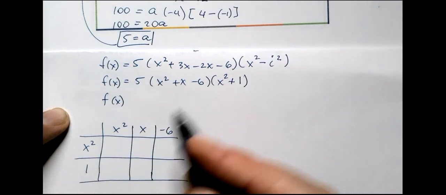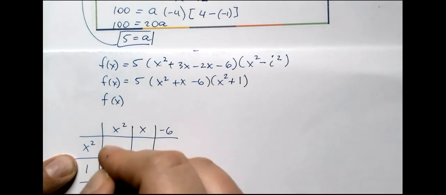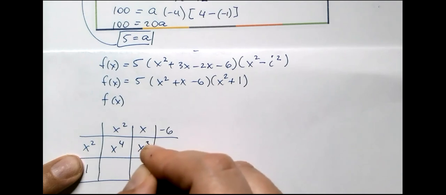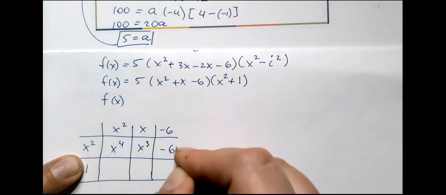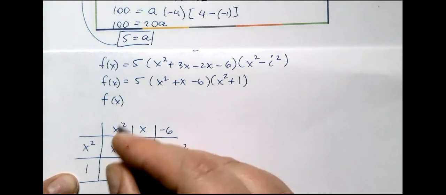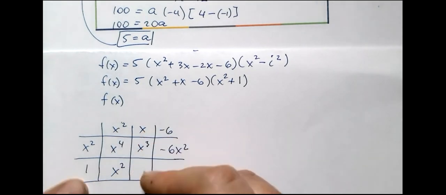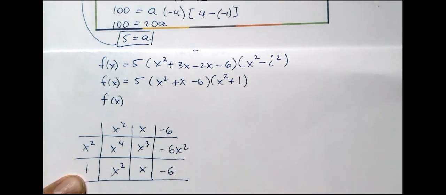So what do we get? We get x squared times x squared is x to the 4th, x times x squared is x cubed, negative 6 times x squared, negative 6x squared. And then x squared times 1 is x squared. x times 1 is x, and negative 6 times 1 is negative 6.